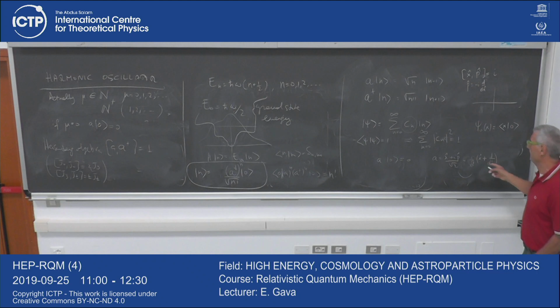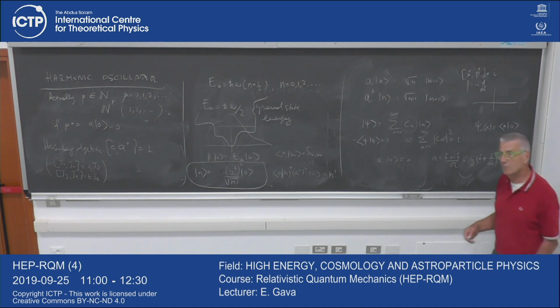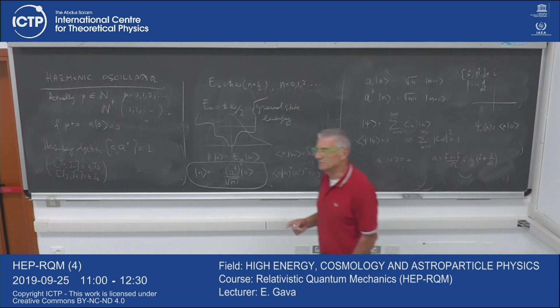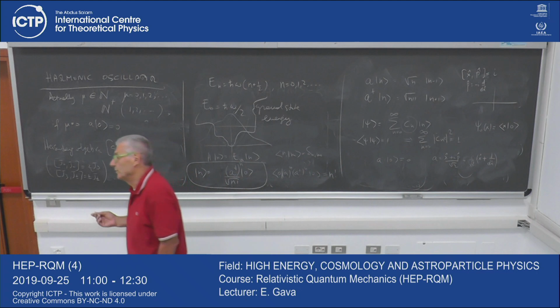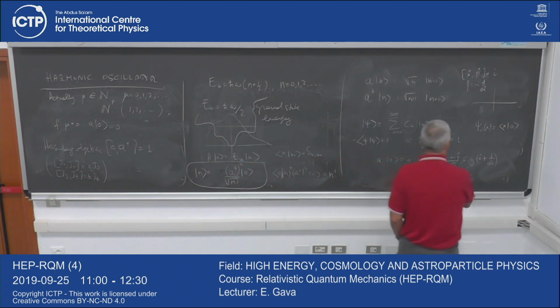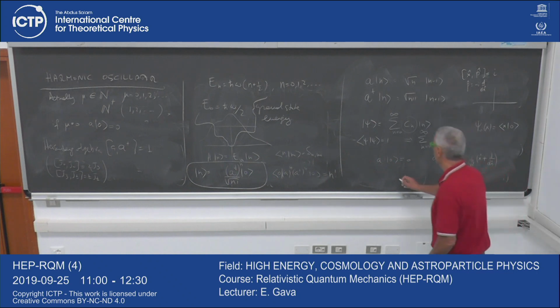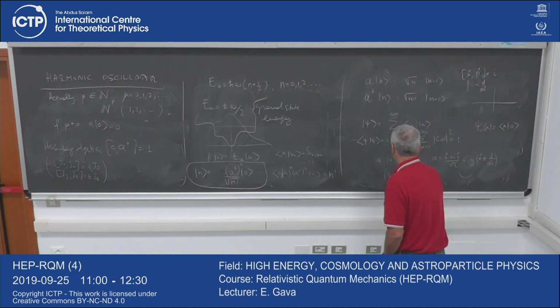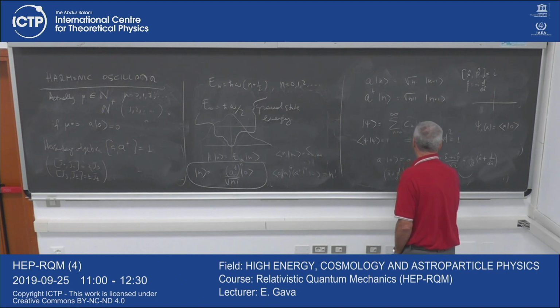So psi 0 satisfies the Schrodinger equation, but the Schrodinger equation is a second order differential equation. It's more complicated. You can do that, of course. But this is a first order. This condition means that x hat plus d/dx hat on psi 0 of x hat is equal to 0.